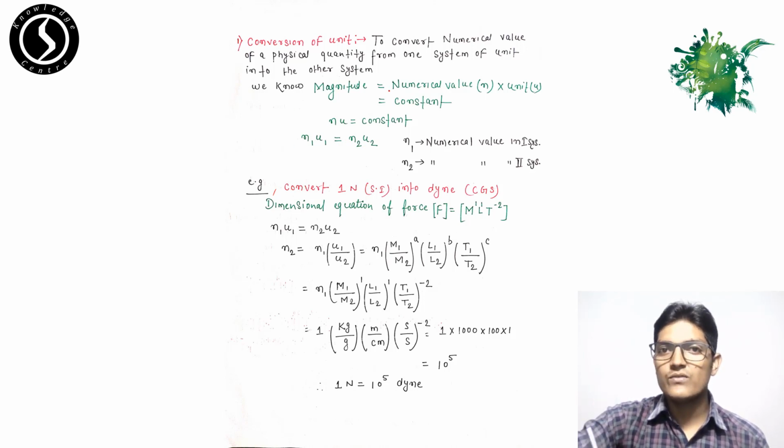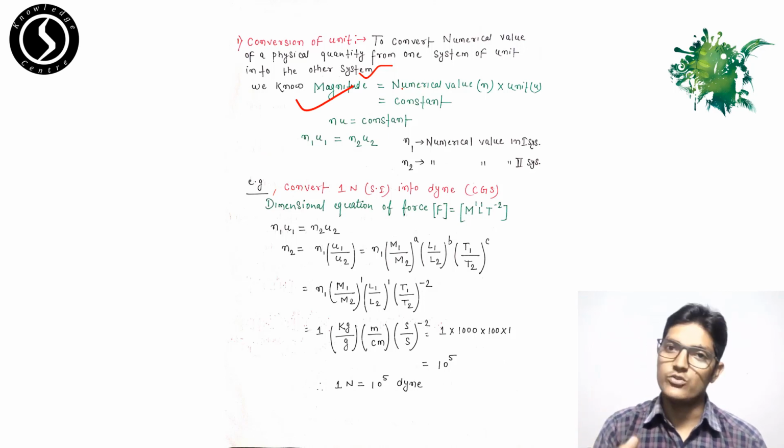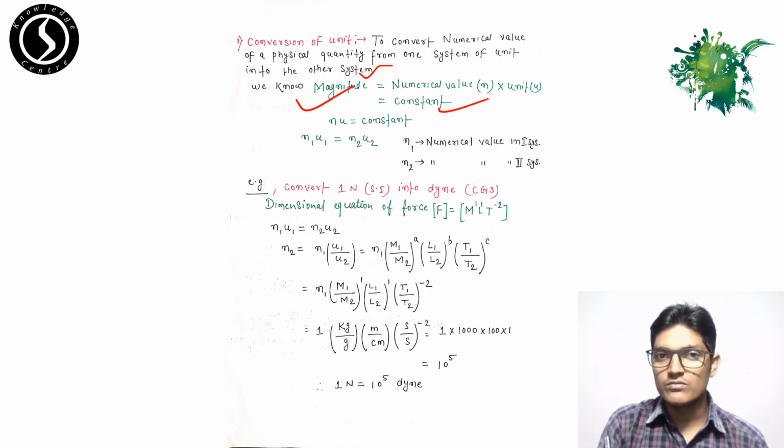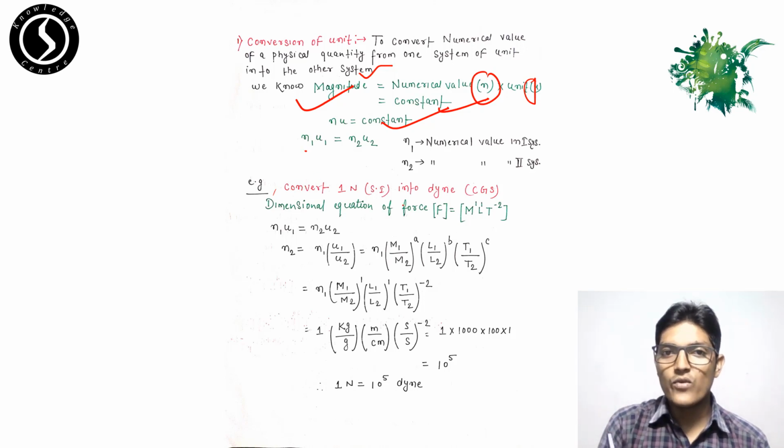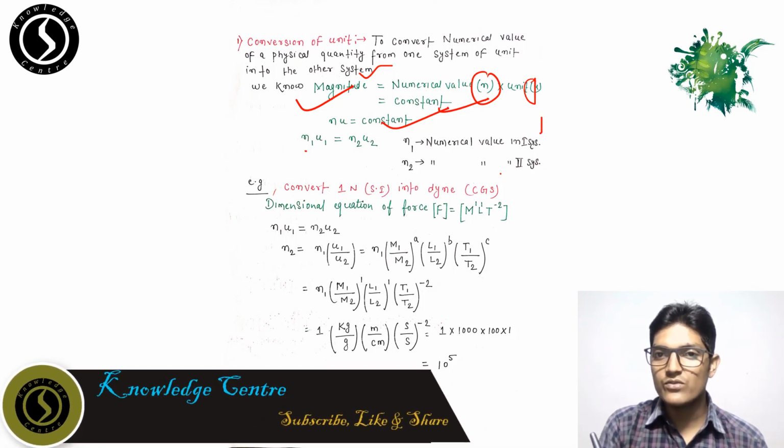To convert the numerical value of a physical quantity from one system of units into another, we have discussed earlier that magnitude is equal to numerical value into unit, and that is a constant value. That means n into u becomes constant. We know the formula n1 u1 = n2 u2, where n1 is our numerical value in the first system and n2 is our numerical value in the second system.